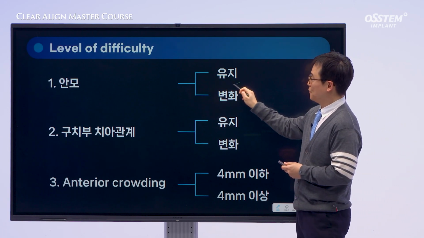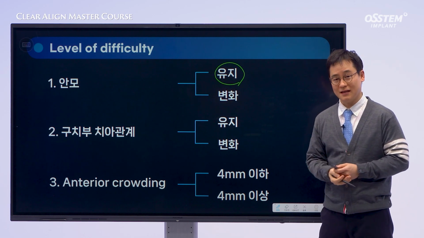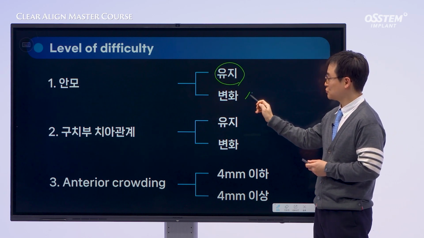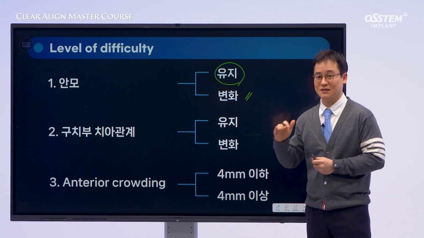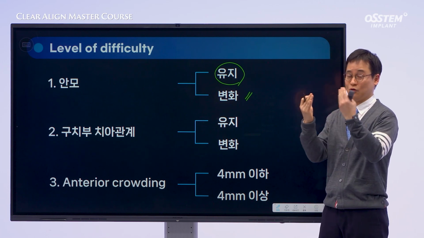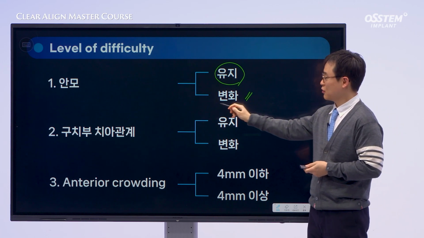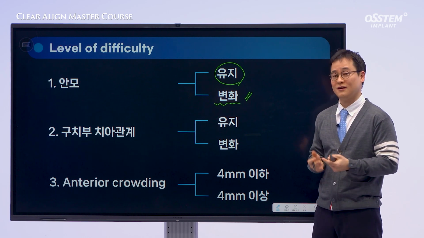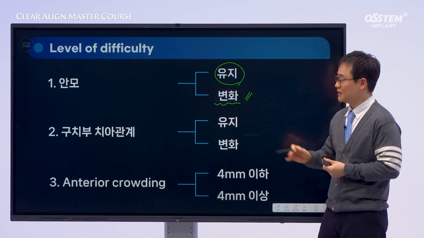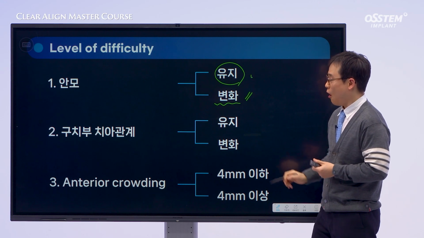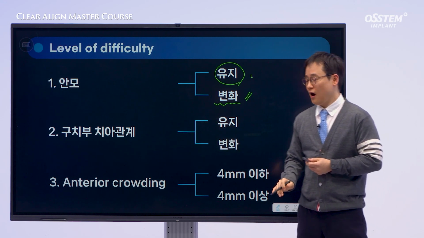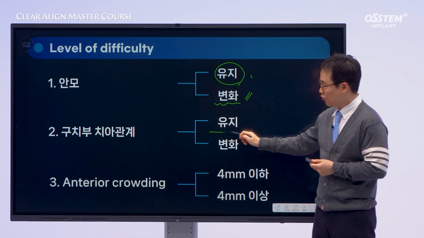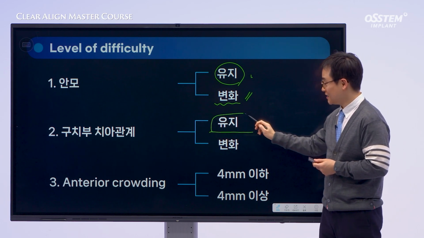Let's review the level of difficulty. First, when the patient's facial profile can be maintained, the case is generally less complex than when profile changes are required. Changing the facial profile requires significant retraction of the anterior teeth, which involves more complex mechanics and more variables. So let's assume we are maintaining the profile and take a look at the molar relationship, which is another key factor in determining case difficulty.